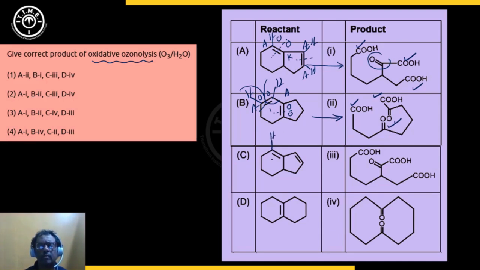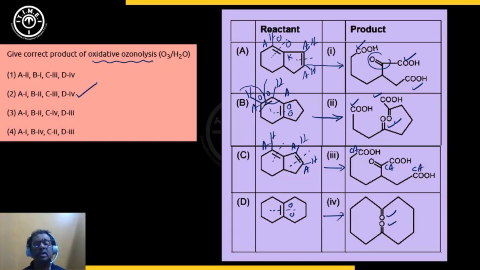Attach a hydrogen there, break this, attach a hydrogen, break this. This is an aldehyde, this is an aldehyde, this is an aldehyde. So carboxylic acid, carboxylic acid, carboxylic acid. This is also true. And break this, oxygen on either side. That is what you got here. In fact, A is 1, B is 2, C is 3, D is 4. 1, 2, 3, 4. Option 2 it is.